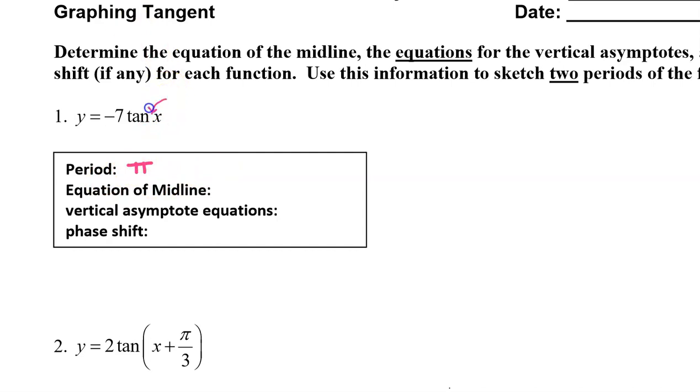The b value goes right here. But if there's no b value, the period will be pi. If we do have a b value, the period will be pi divided by b. So don't get that confused with sine and cosine, which were always 2 pi over b. For tangent, it'll just be pi over b.